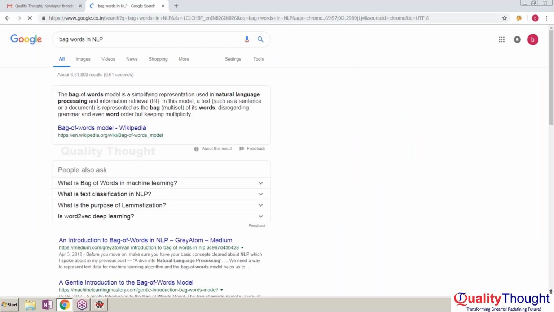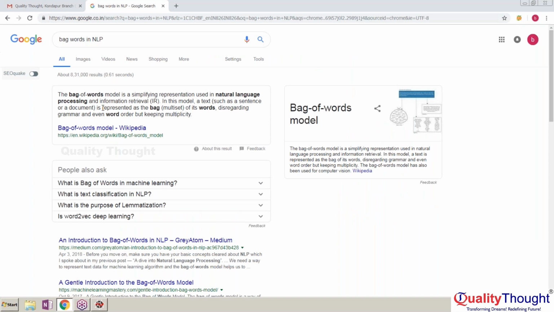This is the one we will use in order to retrieve the words from the given data. You could clearly see that this model will be represented as a multiple set of words, without respect to the grammar or whatever it is.